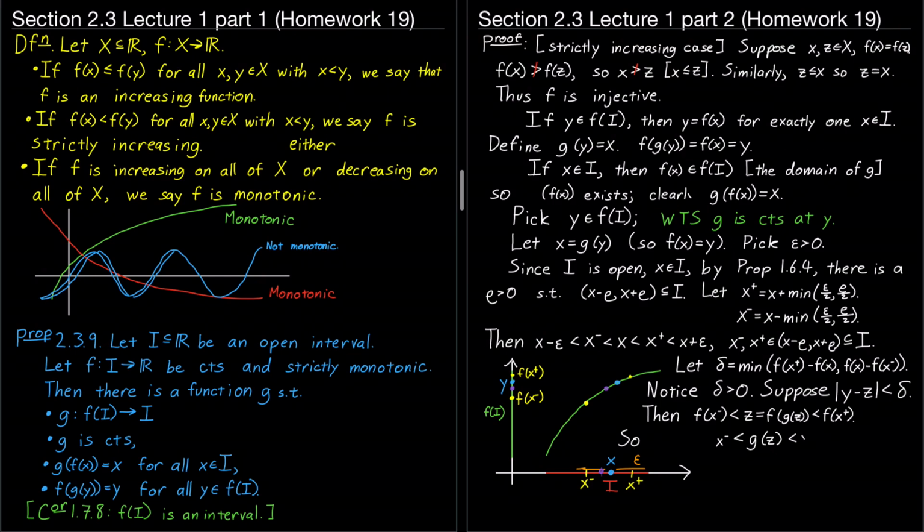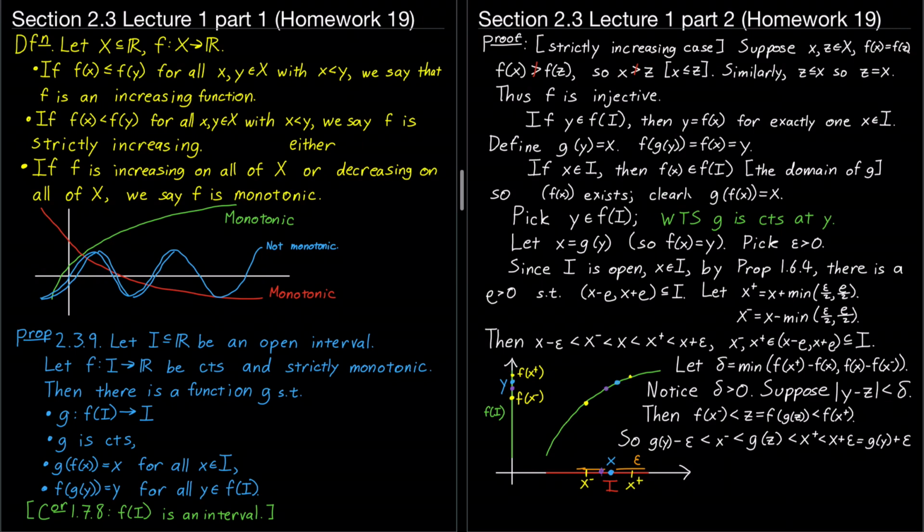We've got another strict inequality, g of z is less than x plus, which we said was less than x plus epsilon. That's g of y plus epsilon. And on the other side, we've got g of y minus epsilon.